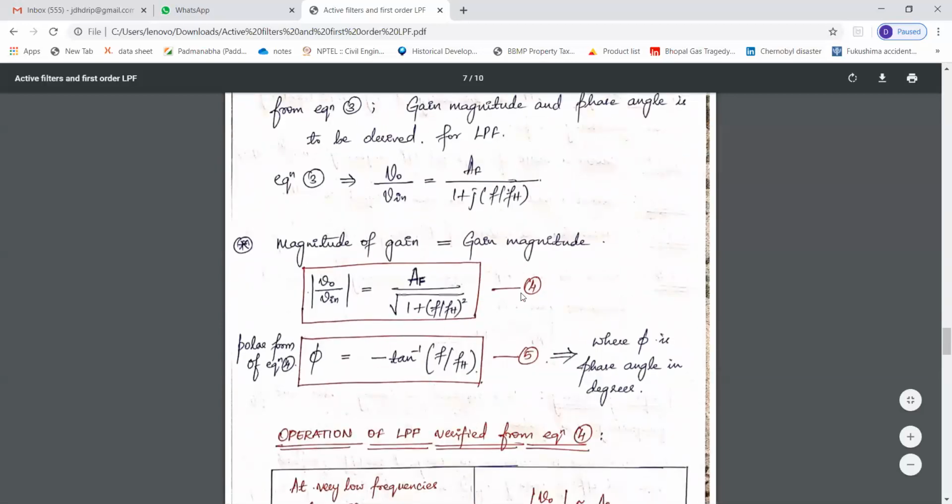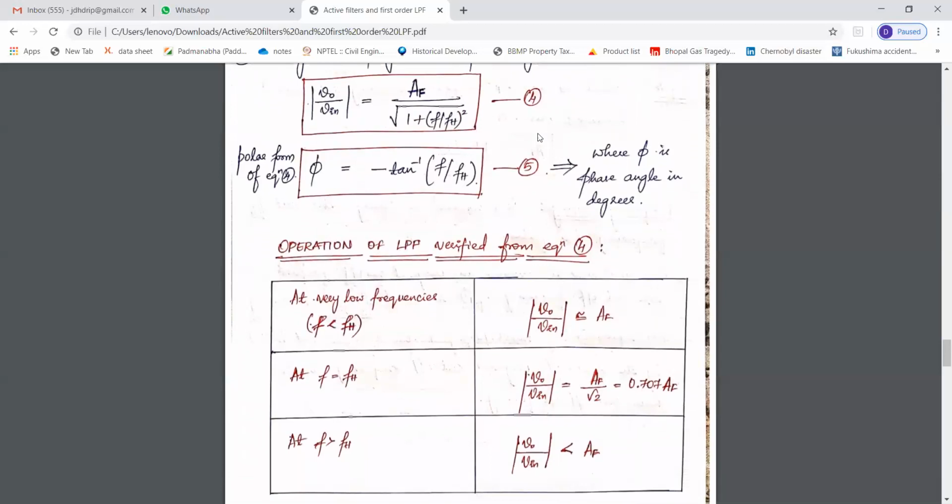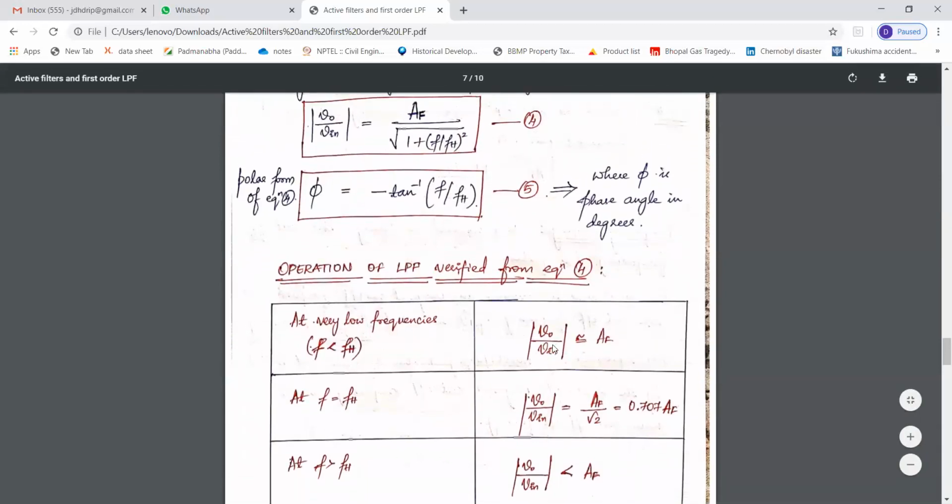This is the gain magnitude, and the phase angle is given by the polar form, the polar component of the imaginary term. So here phi is given by minus tan inverse of F by FH, where phi is the phase angle in degrees. Now considering this equation 4, we are going to analyze the operation of the overall low pass filter.